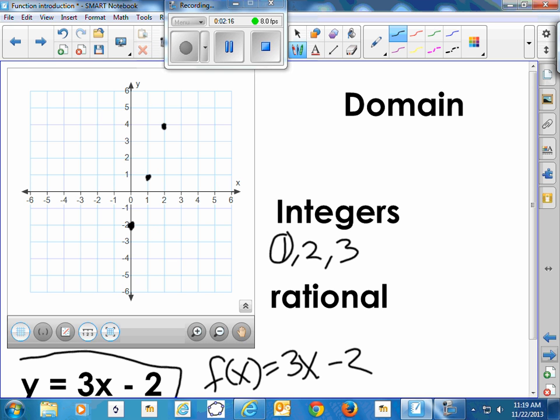But what about numbers in between? Can you have a rational number like 1/2 written as a ratio? Okay, so let's put it into our function, a function of 1/2. That will be 3 times 1/2.